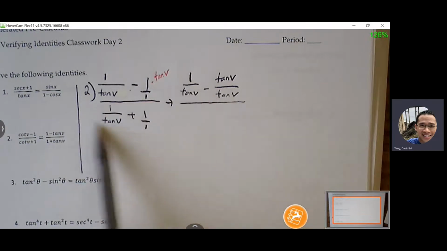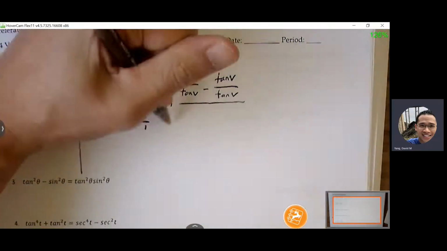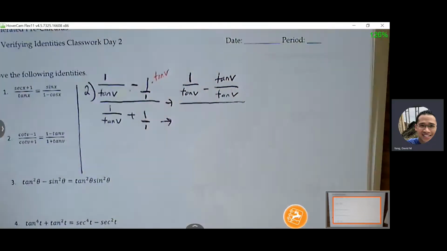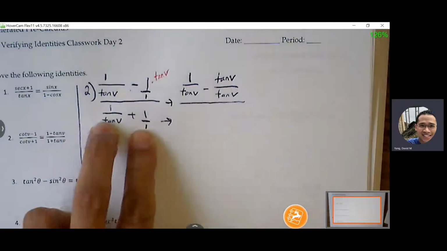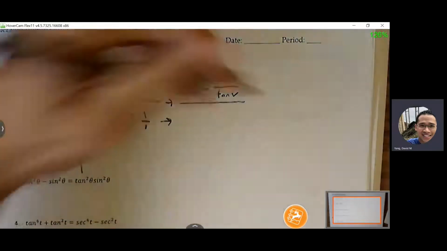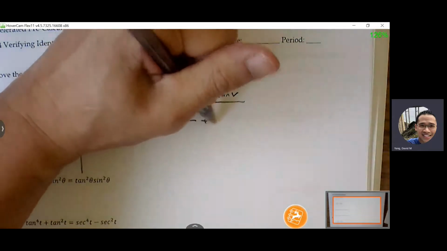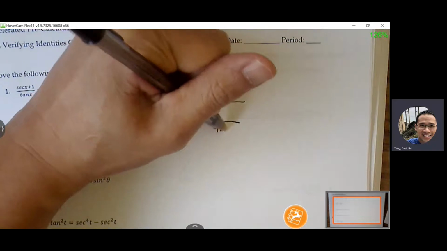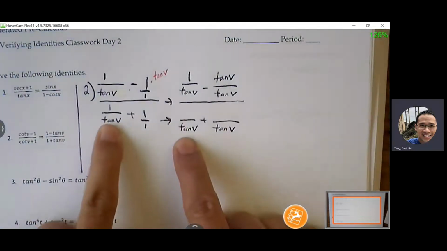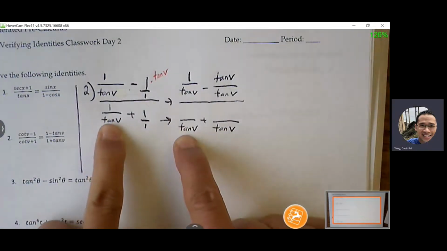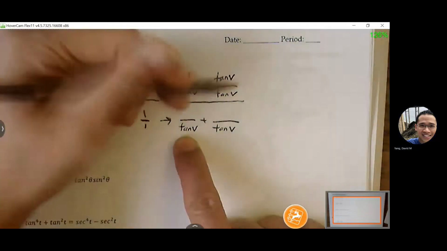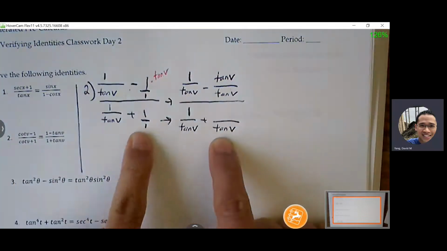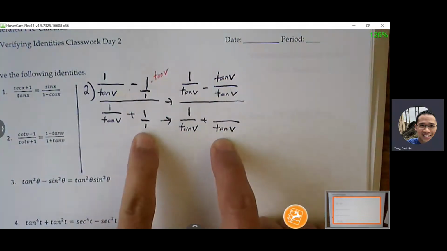Let's go ahead and resolve this denominator here. Again, same process, tangent of v being our common denominator. See if we need to do any balancing. No balancing needed here. But the second fraction, we're missing a tangent v.